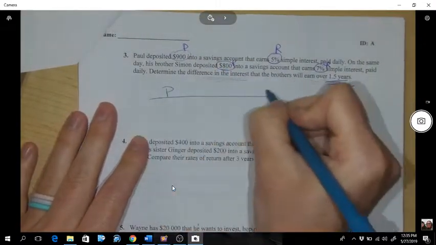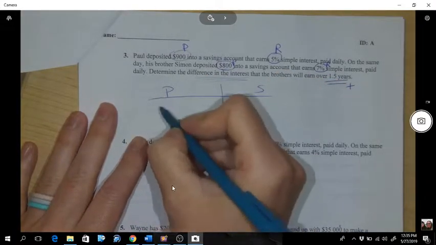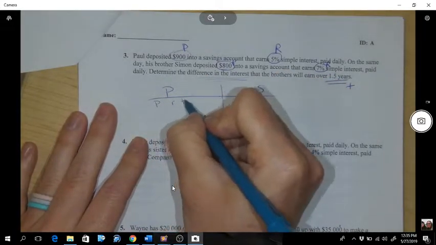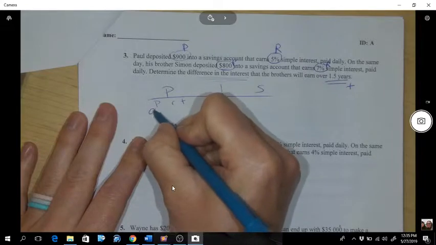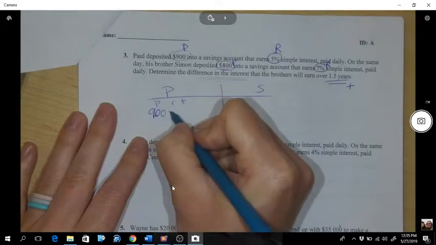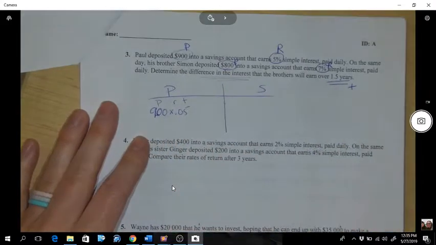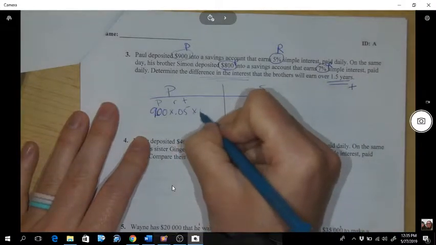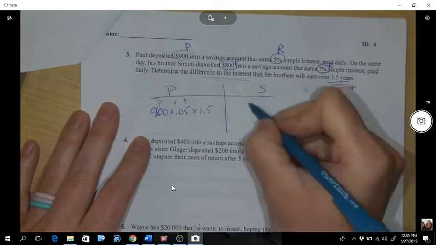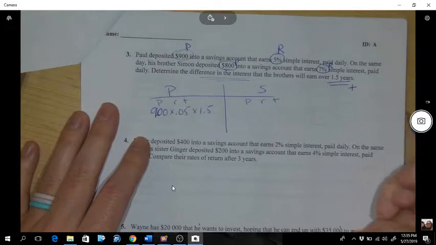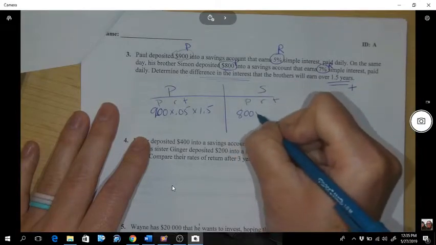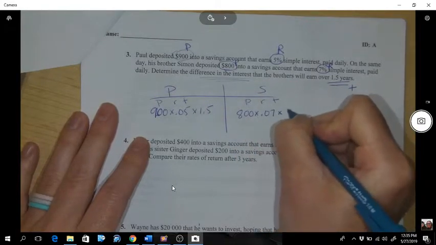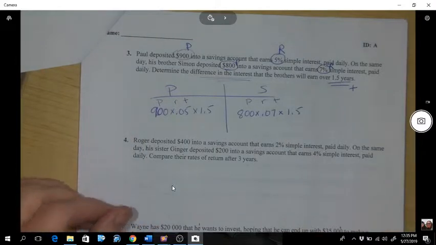Okay, so Paul and Simon, PRT, so 900 times my 0.05 rate times 1.5 years. PRT for Simon is 800 invested, earning 7% for 1.5 years.